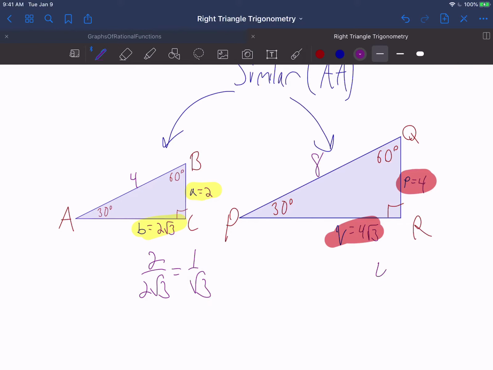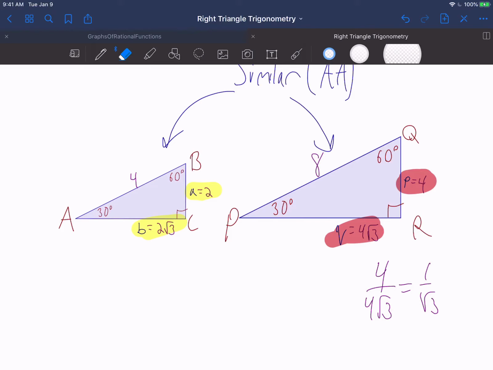And over here, I'd have 4 is to 4 root 3, which is, again, 1 over root 3. They're in the same ratio. So if you're equating the same types of parts, you're comparing apples to apples in one shape, then you're going to be comparing them apples to apples in the other shape as well.